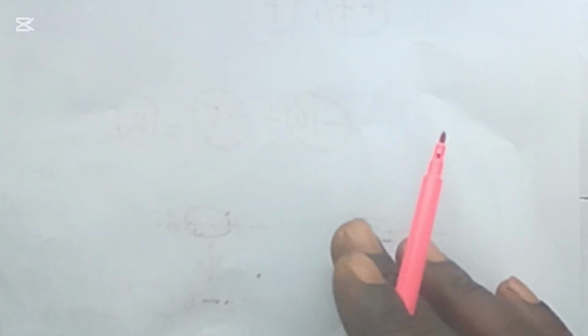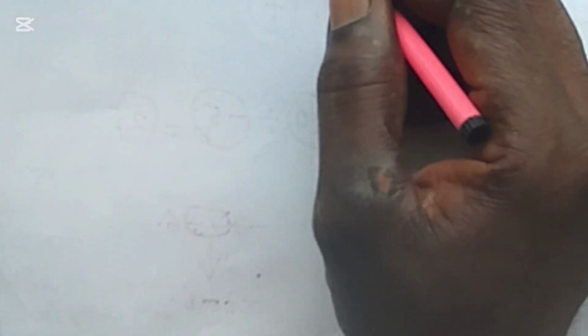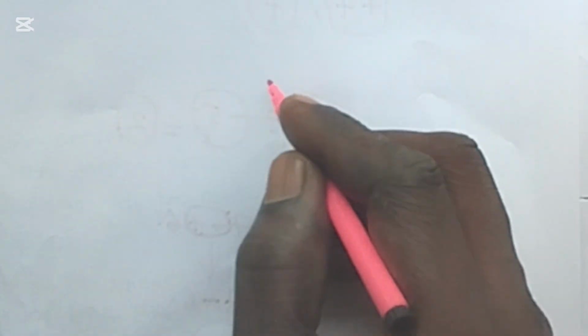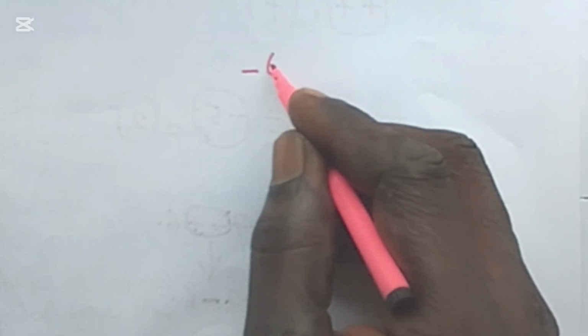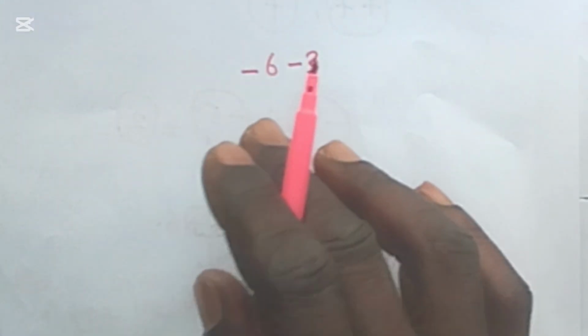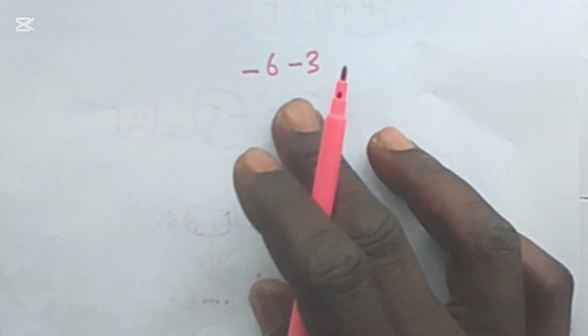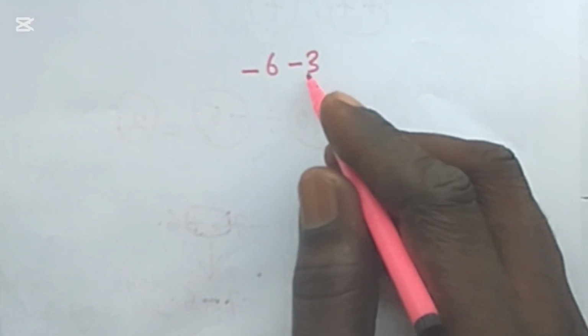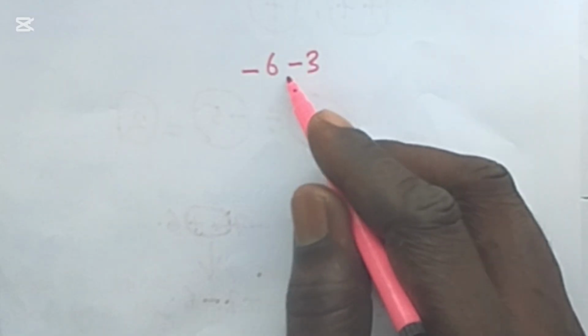What it simply means is that if we have a situation like that here, okay? If you have minus 6 minus 3, anytime you are solving a math problem where you come across something like this, rule number 8 is talking about how you are going to resolve this kind of situation.